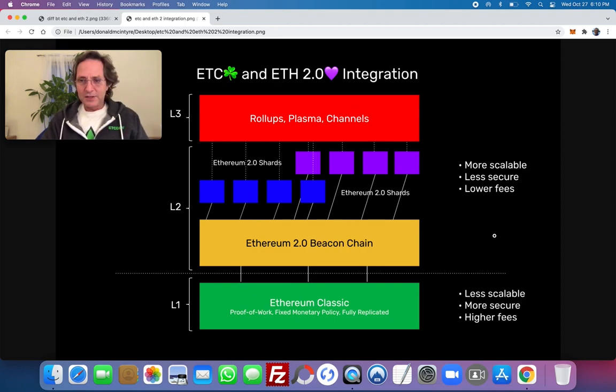So this is the integration that I see between Ethereum Classic and Ethereum 2.0.